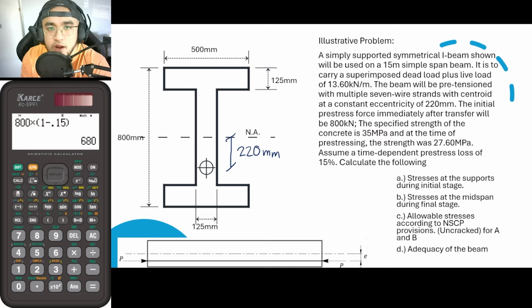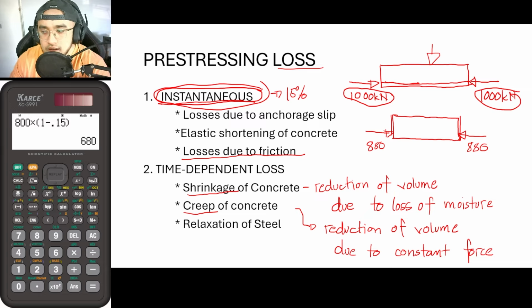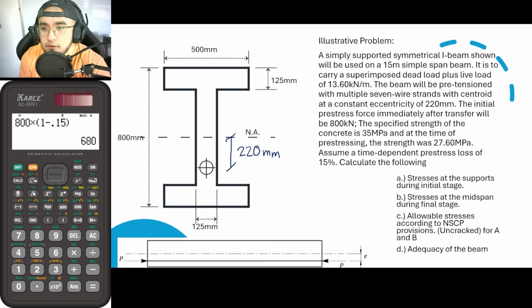But if, for example, it is given in the problem that there was a 15% instantaneous loss, when we say instantaneous, it is lost instantly. Meaning if you have an instantaneous loss, you should reduce the pre-stressing force also at the initial stage.